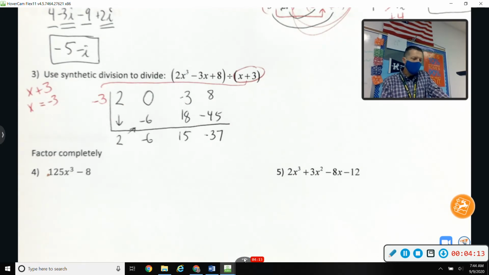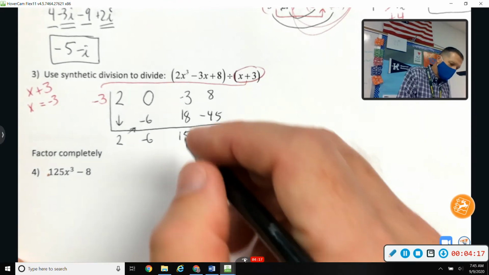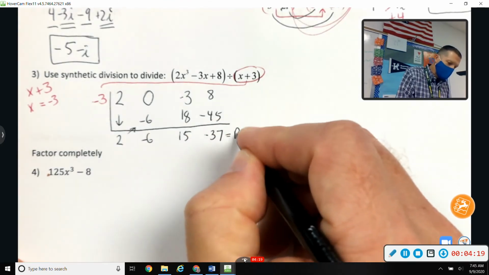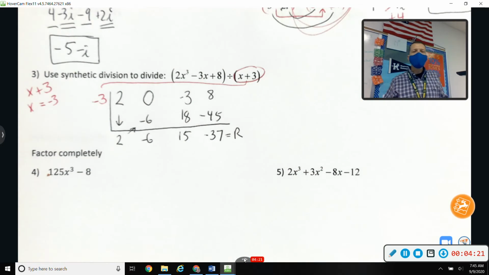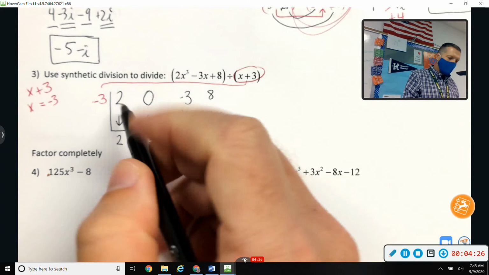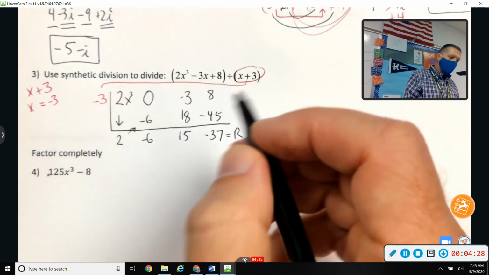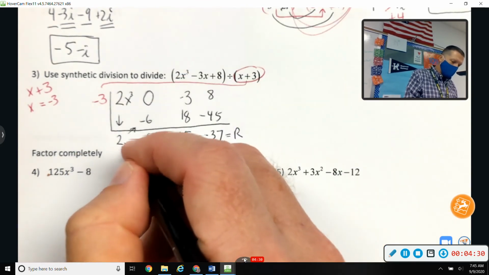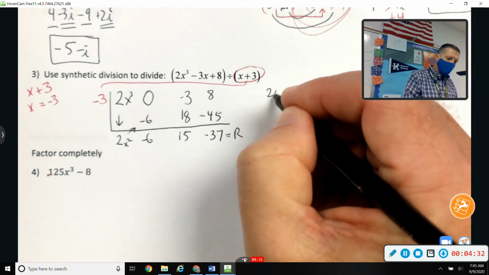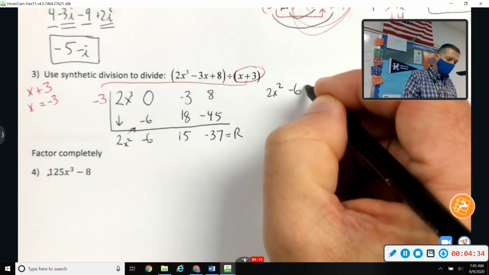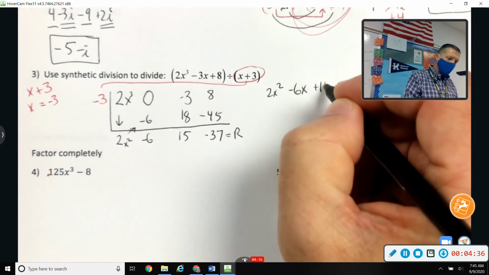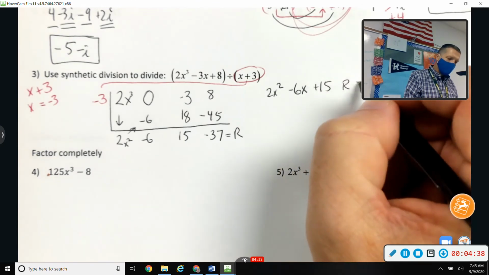Okay, we're not done yet because our answer is not 2, negative 6, 15, negative 37. Our answer is, well, that last thing is the remainder. Or you can start at the front end and say, we did have x cubed. If we divided by x, we'd be down to x squared. So 2x squared minus 6x plus 15 with the remainder of negative 37.